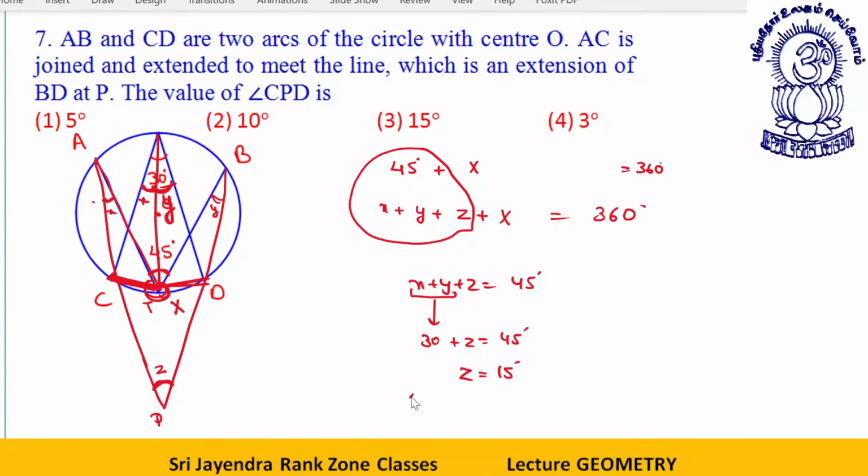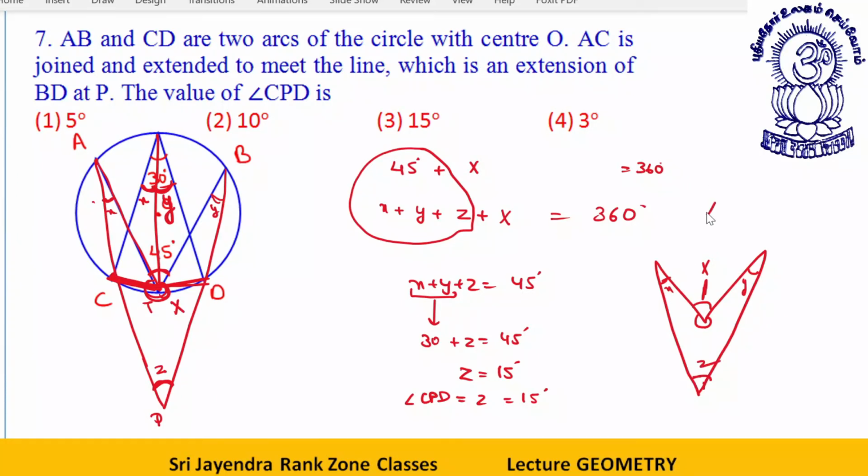Now this z is actually angle CPD is equal to 15 degree. This was the main question. This is actually a quadrilateral. This angle plus this angle is 360. Also this angle plus this is also 360 degrees. So what I can say is this exterior angle X is equal to small x plus y plus z.